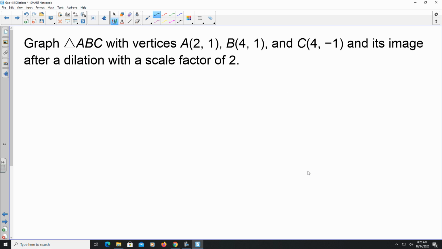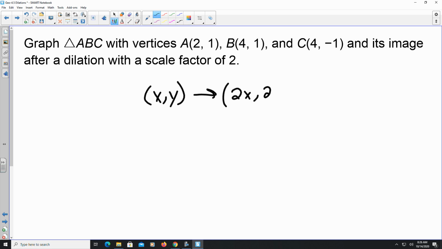In this particular one, it says graph ABC with vertices A (2, 1), B (4, 1), and C (4, -1), and its image after dilation with scale factor of 2. I'm not as concerned about you graphing it. I'm more concerned about you discovering what the coordinates are. So if I'm going to write this out as a rule, it's going to be (x, y) goes to (2x, 2y), since the scale factor is 2.